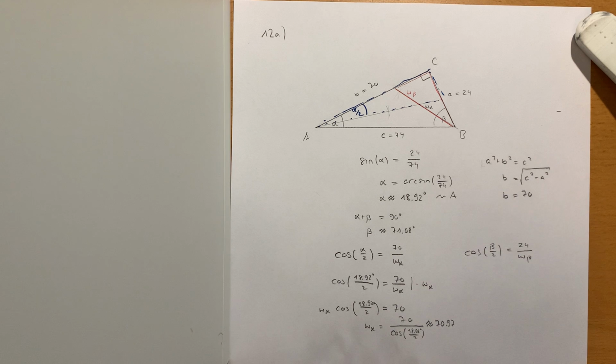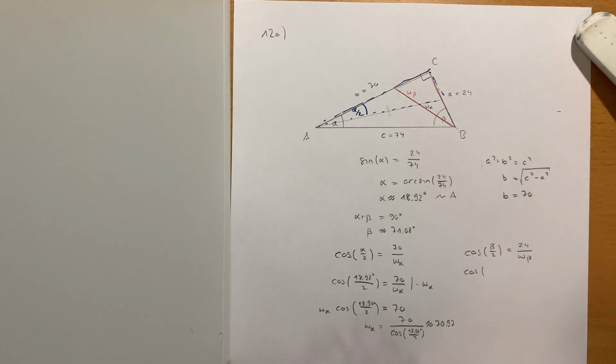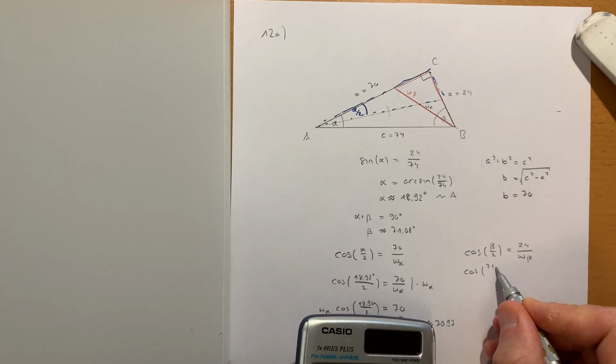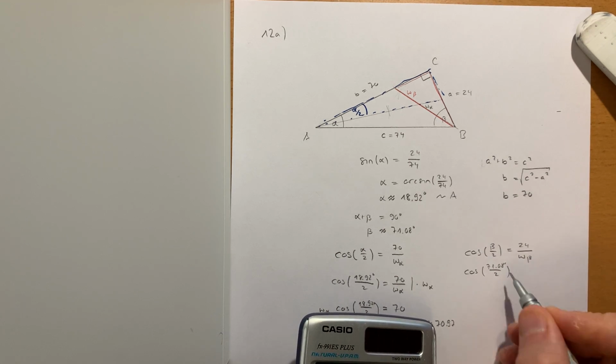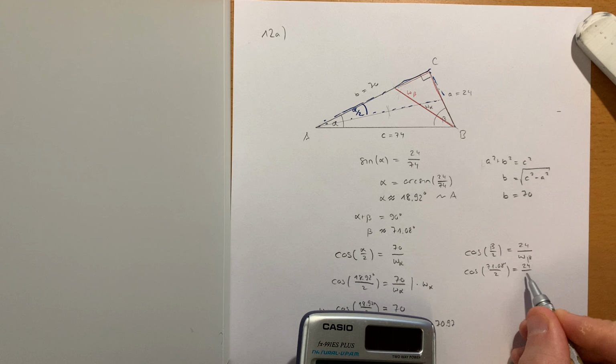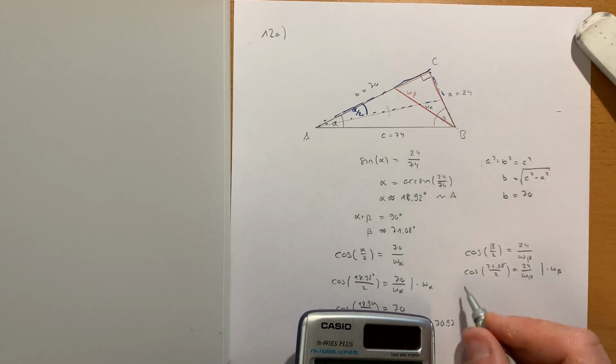That's what we want to know. Cosine of 71.08 divided by 2 equals 24 over W beta. So you multiply by W beta.